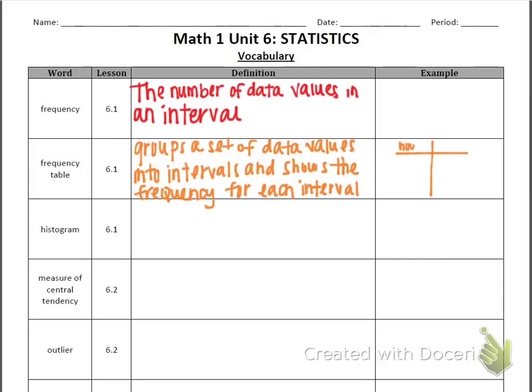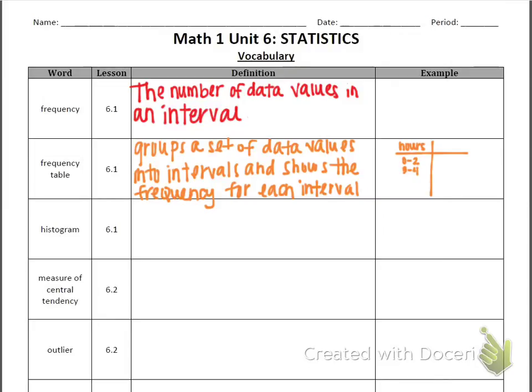So on the left are going to be our intervals, and our intervals are going to be the hours. So let's say the first interval is going to be 0 to 2 hours. So then the second interval would be 3 to 4 hours a week.